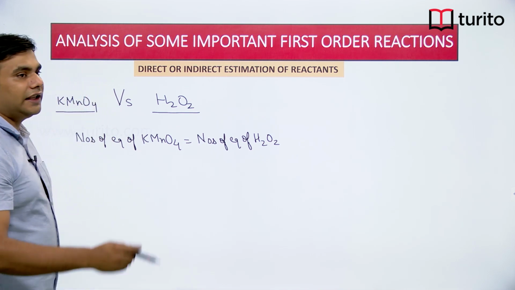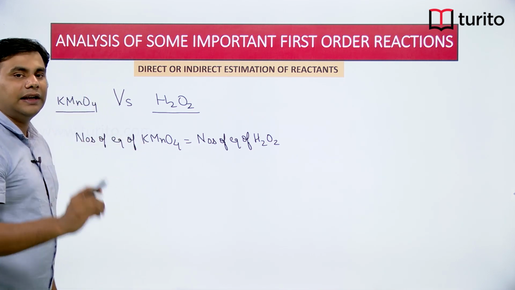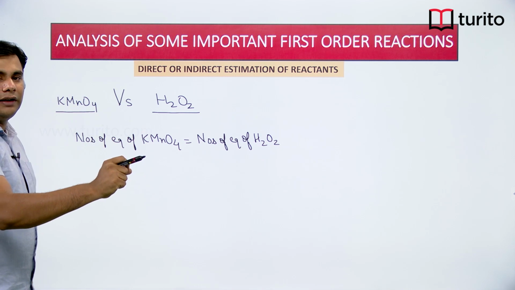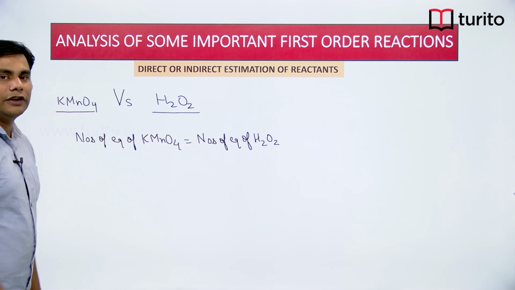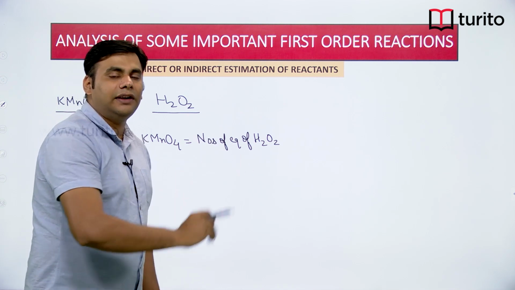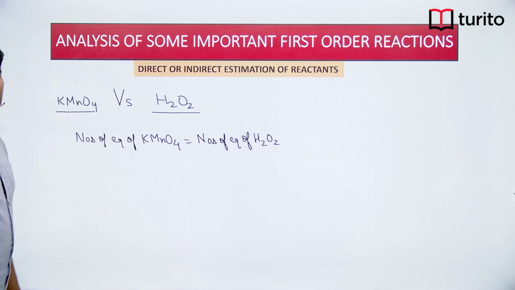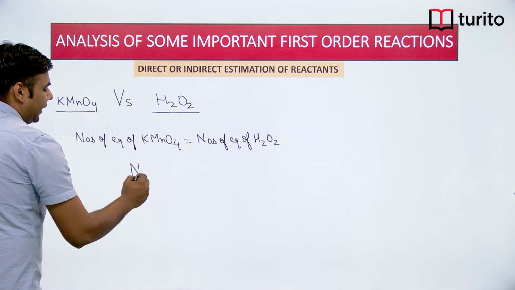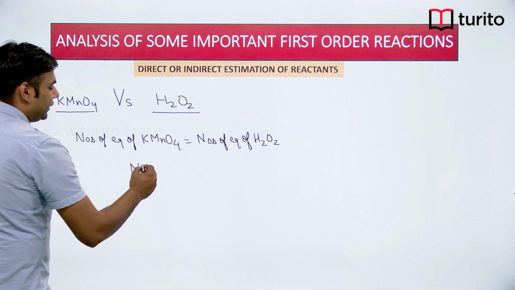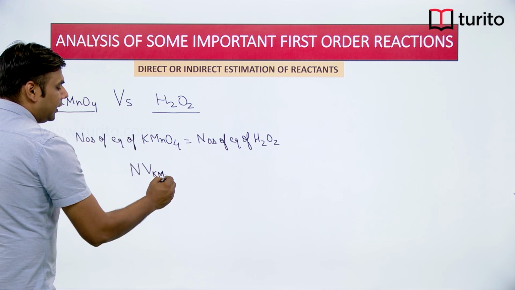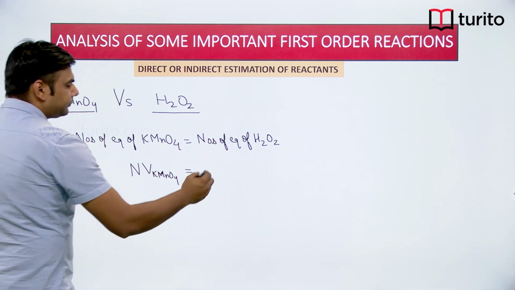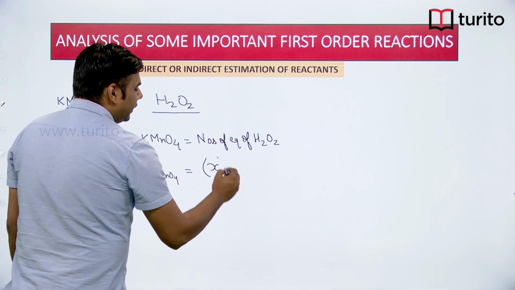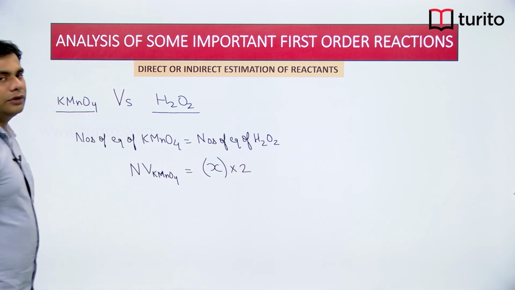So basically the portion which we have taken out contains a certain amount of H2O2. The number of equivalents of H2O2 present there, if we titrate with KMnO4, will consume the same number of equivalents of KMnO4. So we will write the number of equivalents of KMnO4 as N times V, where N is the normality of KMnO4 and V is the volume of KMnO4. And suppose X is the moles of H2O2, or A is the moles of H2O2, into its n-factor. The n-factor is 2.